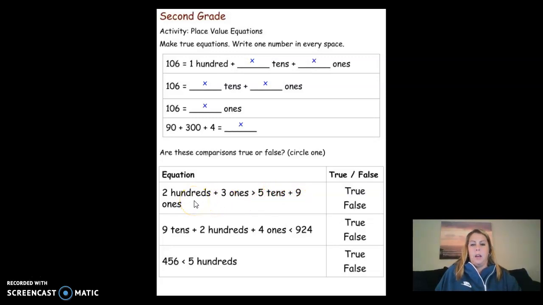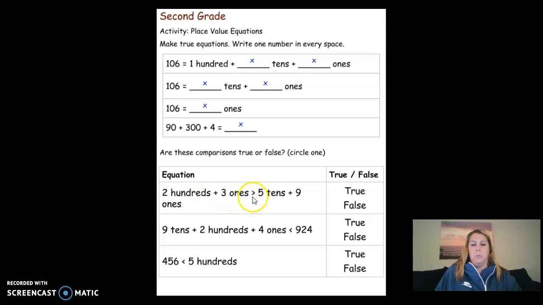So I have to ask myself, 203, is it greater than 59? And it is, so I would circle the answer true. And then you're going to go on and take a look at the next ones. And remember, you have to look at your alligator chomper. And remember, the bigger side points to the bigger number.